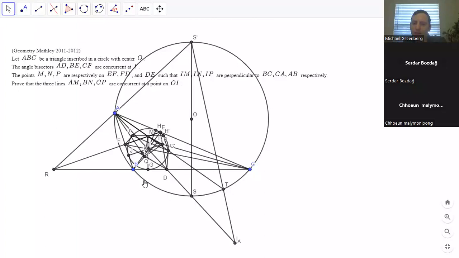I think these properties are interesting. Like point T, I didn't know about. Using the idea that OIA is perpendicular to EF is really interesting. We have the Cevian nest theorem. We have this theorem that AM meets the circle at the reflection of G over AI. So a lot of interesting theorems here.